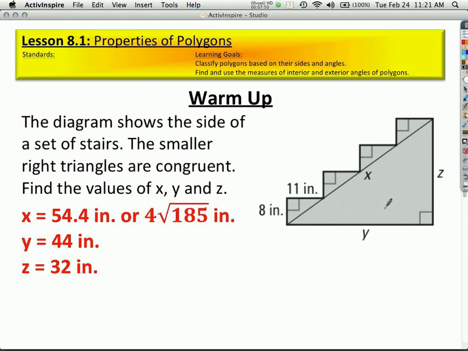You found X that way, so what about Y? I multiplied 4 times 11 because I knew that if you multiply the X times 4, that you would get the hypotenuse because you did the Pythagorean theorem. Uh-huh.